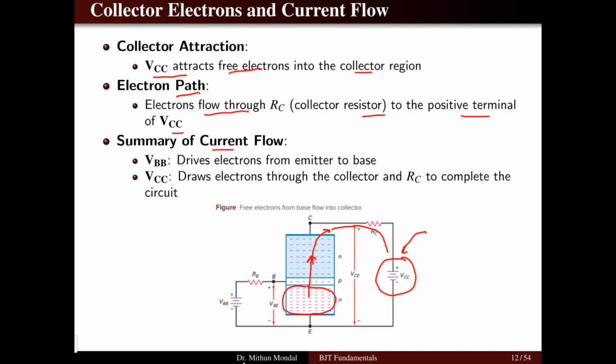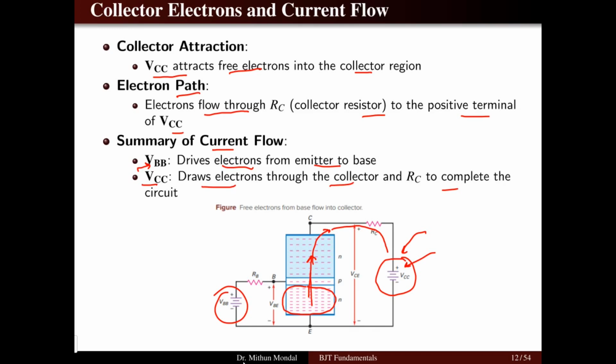The summary of this current flow is that when you connect a source VBB in the base, it drives the electrons from the emitter to the base, and the collector potential VCC draws the electrons through the collector and RC to complete the circuit.